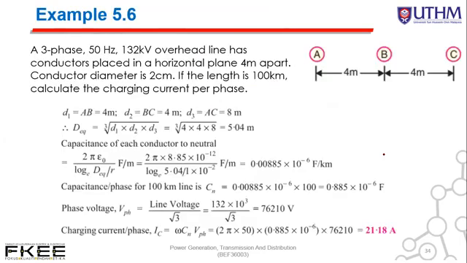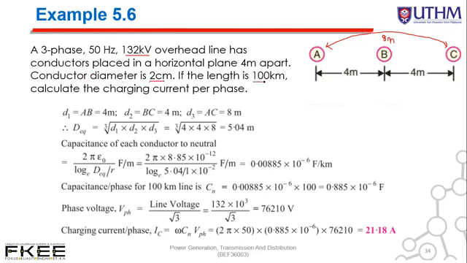Now look at example 5.6. A three-phase 50 Hz 132 kilovolt overhead line has conductors placed in a horizontal plane 4 meters apart. The distance between A and B is 4 meters, between B and C is 4 meters, so between A and C will be 8 meters. Conductor diameter is 2 centimeters, so radius is 1 centimeter.